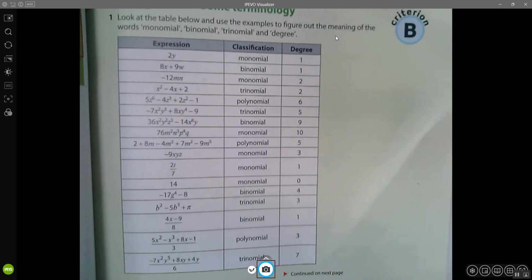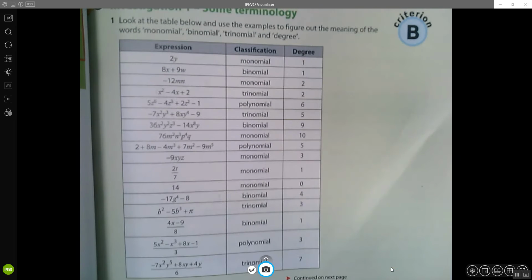This is criterion B, it's just a practice. You can work in pairs, on your piece of paper. You have to figure out what the degree means as well, and then we'll have a quick chat about it after.